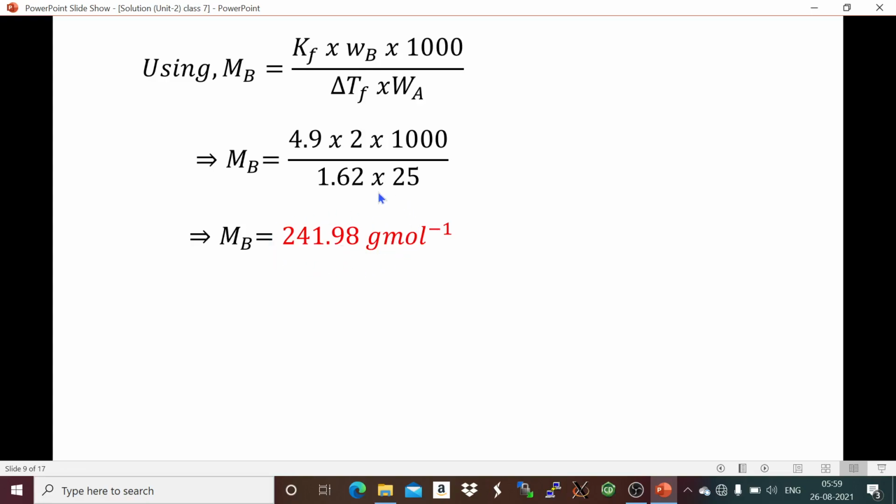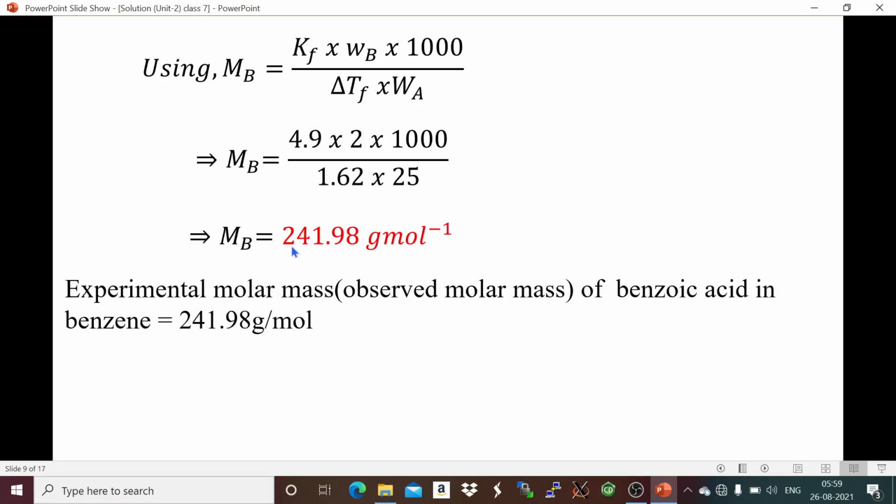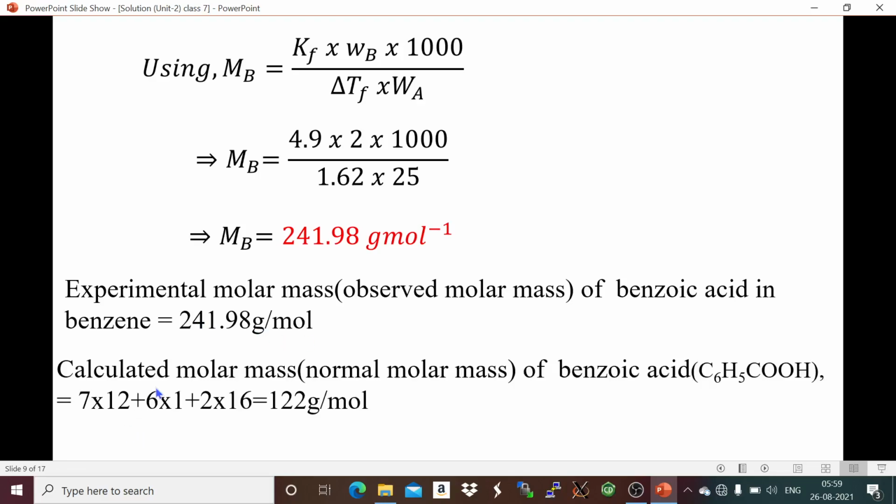So the experimental or observed molar mass of benzoic acid is 241.98 gram per mole.